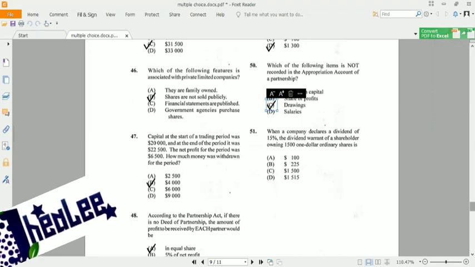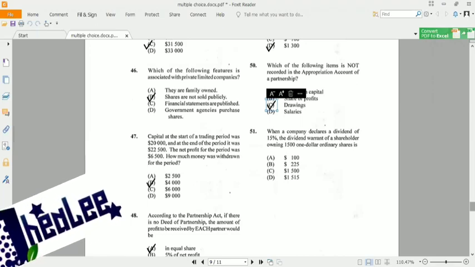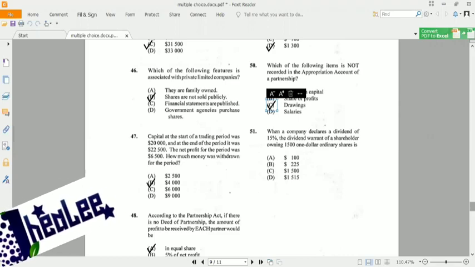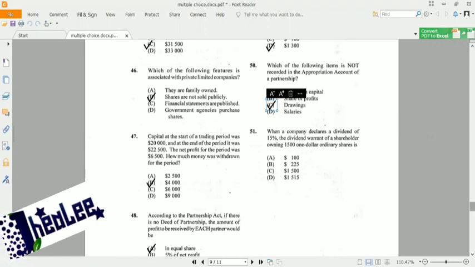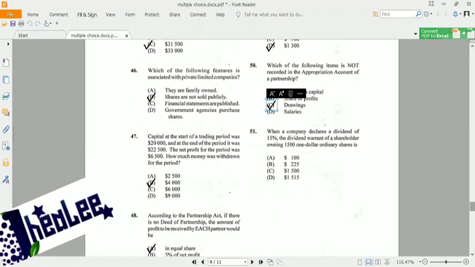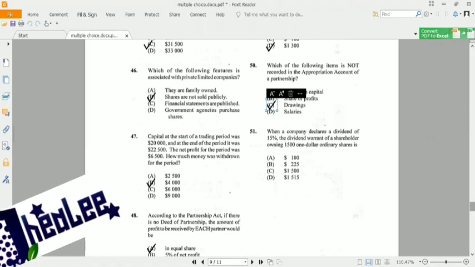All right, when a company declares a dividend of 15%, the dividend warrant of a shareholder owning 1,500 $1 ordinary shares would be, so what they want to find out is how much dividend the individual would get if they have 1,500 $1 shares.